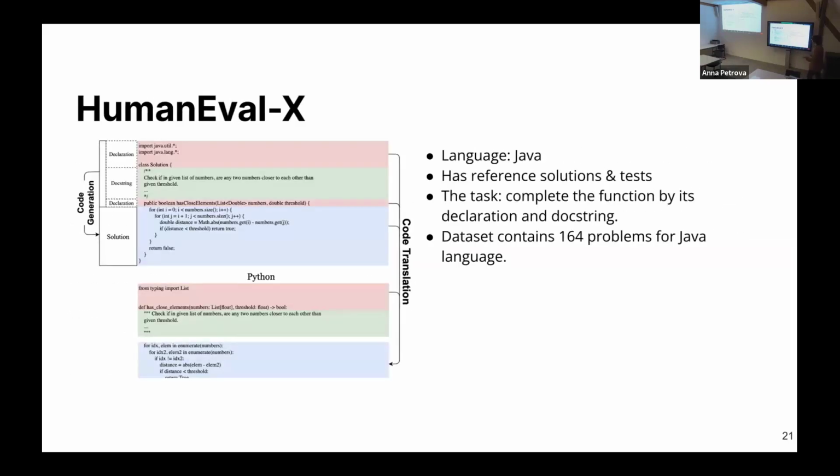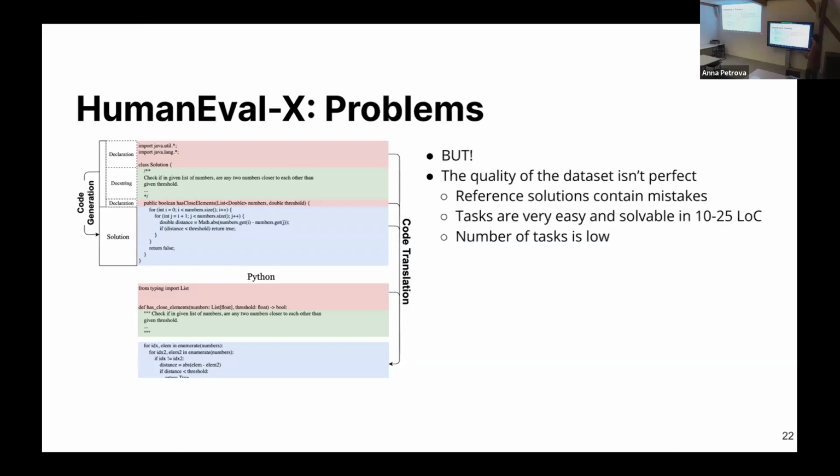The second dataset that we used was HumanEval-X, because we needed a dataset with reference solutions. HumanEval-X is a dataset for Java, and the tasks are completing some stated code, for example function declarations and comments about what the function should do. This set contains 164 problems. But it has a lot of problems.